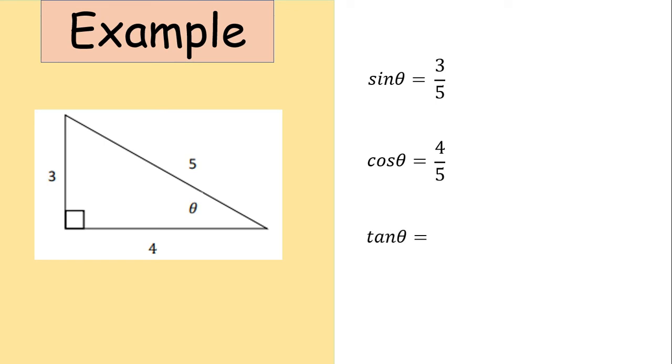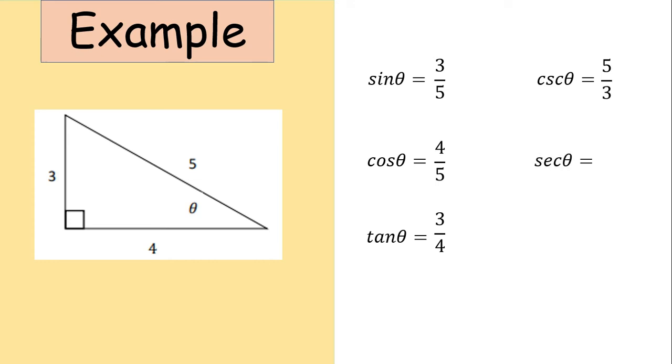Ang ating tangent theta is TOA, that is opposite over adjacent. So, 3 over 4. Ang ating naman cosecant theta, so hindi na to SOHCAHTOA, this is CHOSHACAW. So, cosecant theta, that is CHO. So, hypotenuse over opposite, so that is 5 over 3.